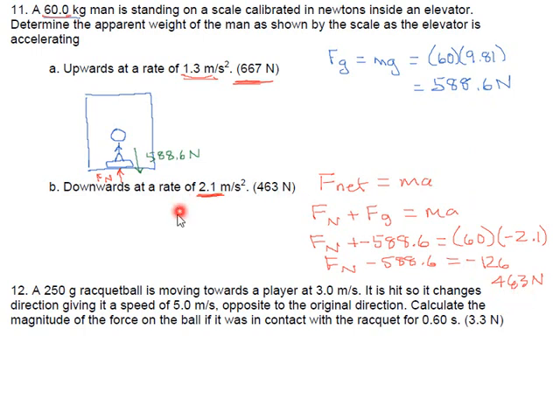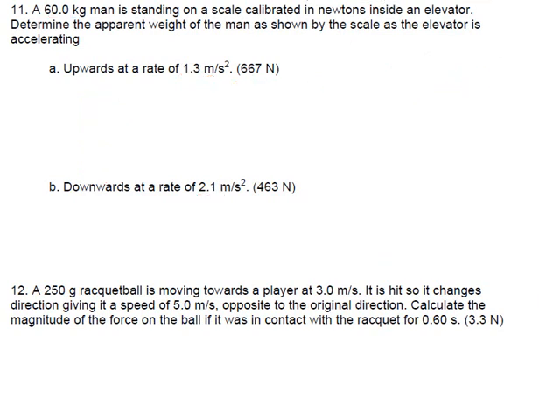And you've probably felt this too in an elevator. You feel kind of light when the elevator descends. That's because the tension in the cable is less. The elevator's letting you fall a little bit. With the floor dropping out from under you like that, your apparent weight goes down. There's less force between your feet and the floor because the floor is falling away from you. So, Newton's second law, good stuff.